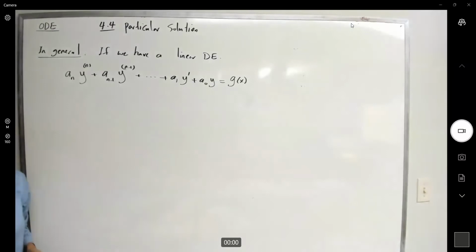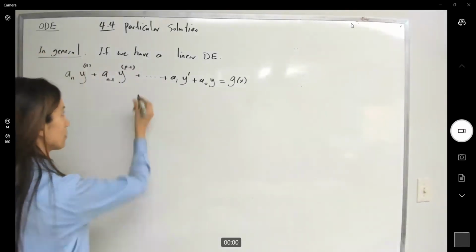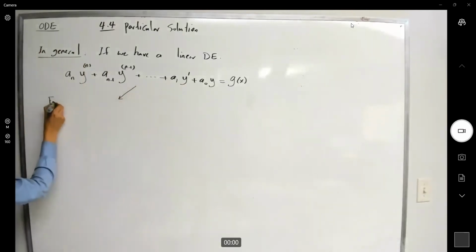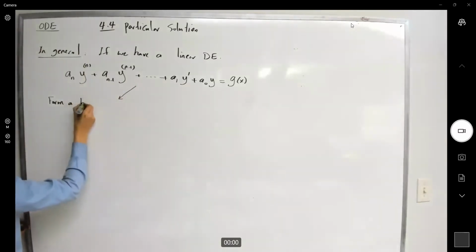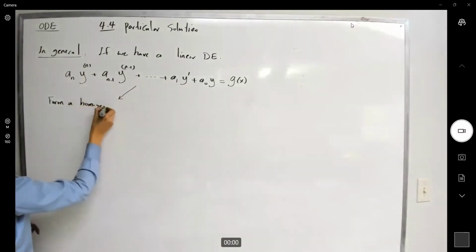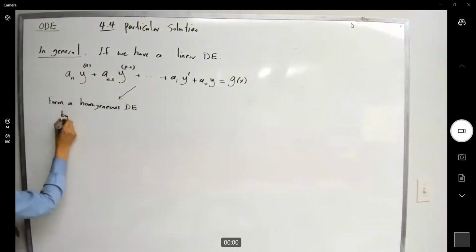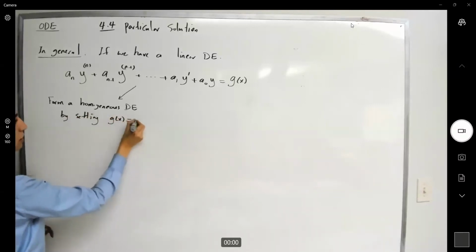Non-homogeneous linear differential equations. What are we going to do? We're going to do two things. First of all, we're going to form a homogeneous differential equation by setting g of x equal to 0.